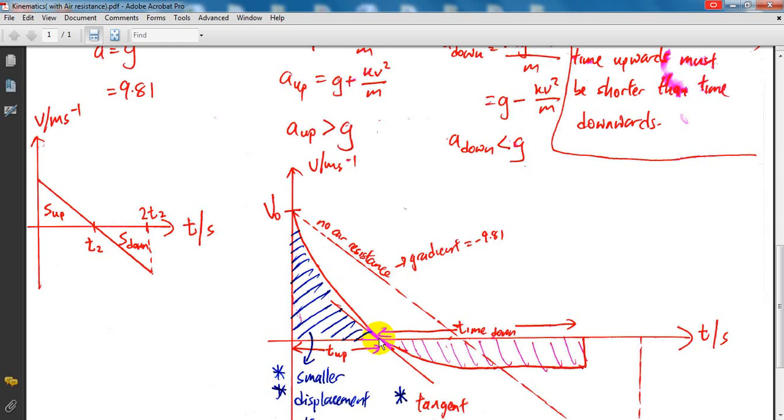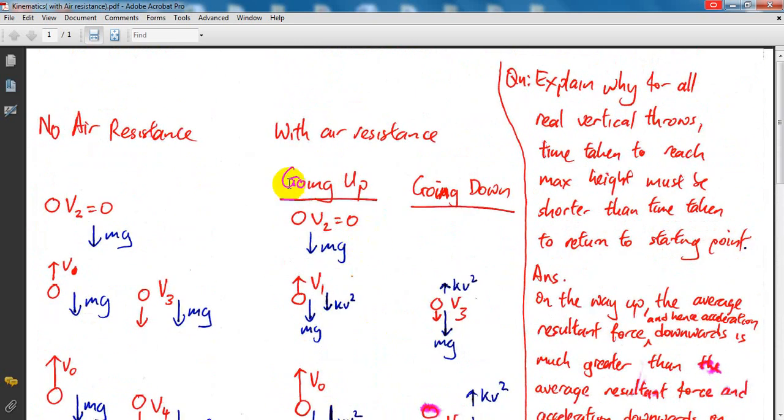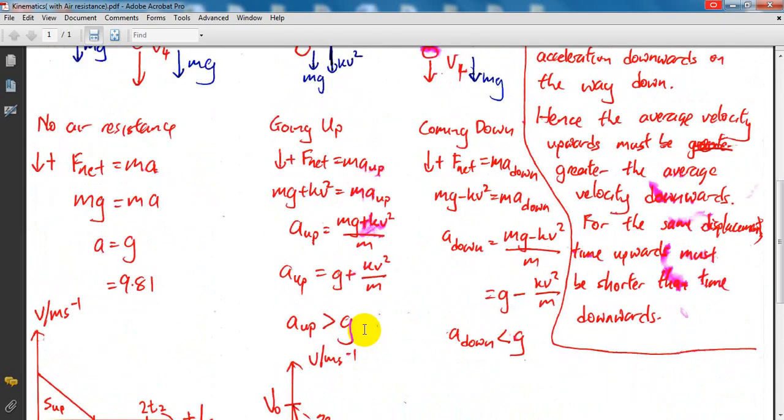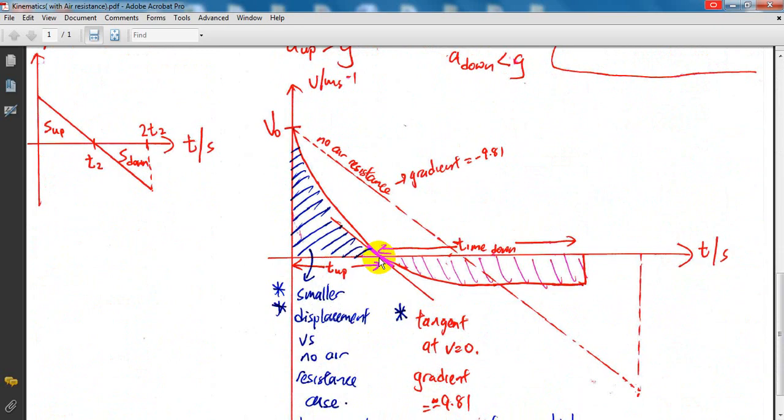I know I'm at my highest point. At my highest point, I realize that the only force acting is mg. Hence, the acceleration at this position must be 9.81 because the F net is mg. So my a must be 9.81.